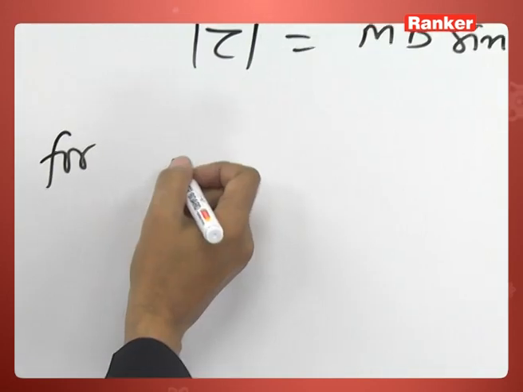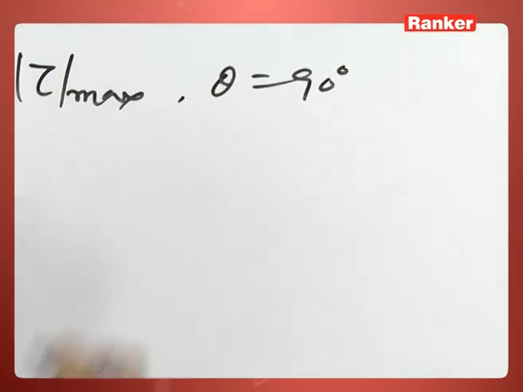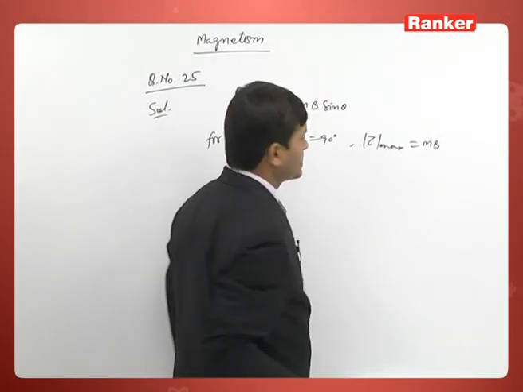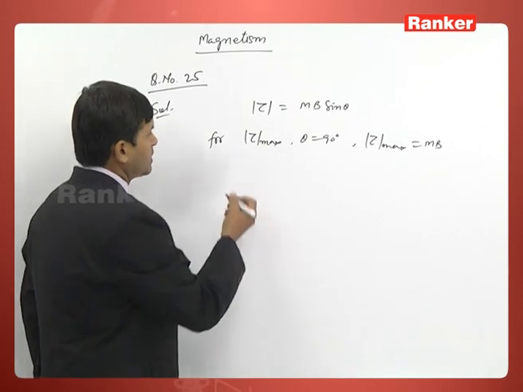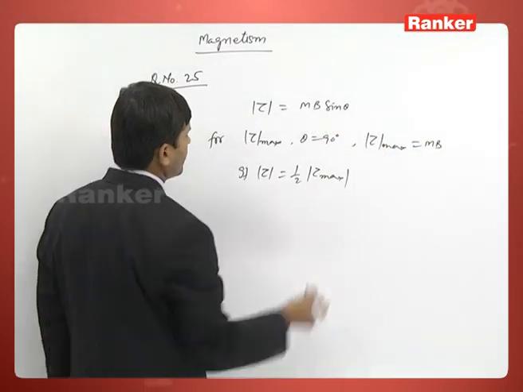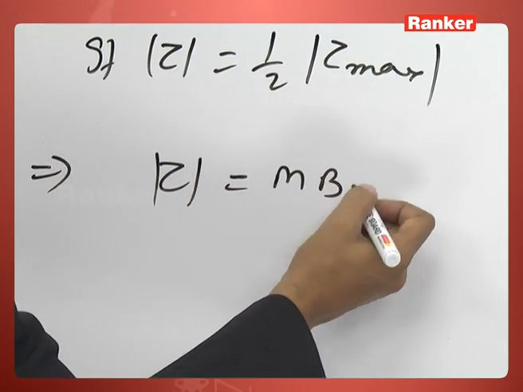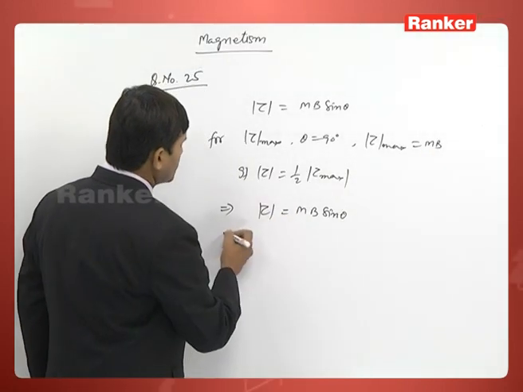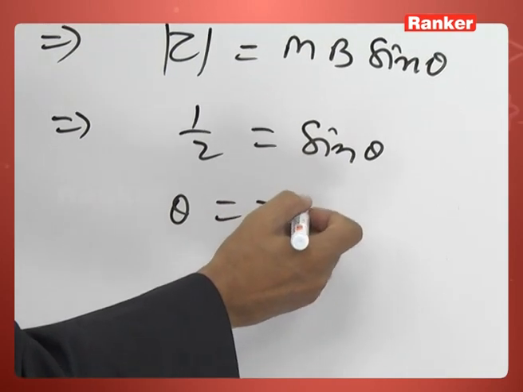So for maximum torque, theta should be 90 degree, and that maximum torque is nothing but m into B. Now when the torque is half of the maximum torque, we have to find the angle. mB sin theta equals the maximum torque mB by 2, so 1/2 is equal to sin theta, so theta is 30 degree.